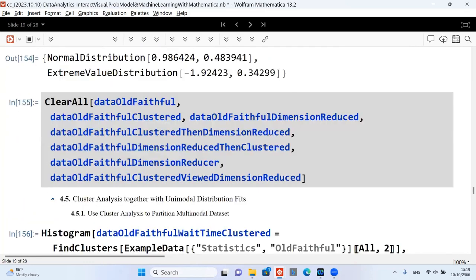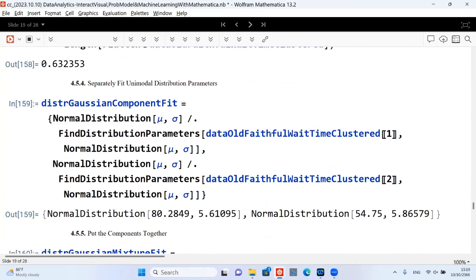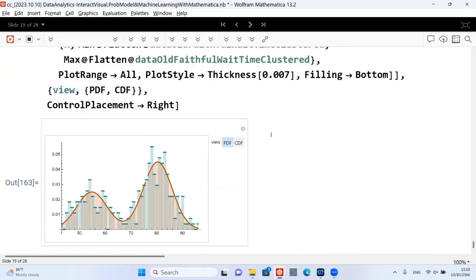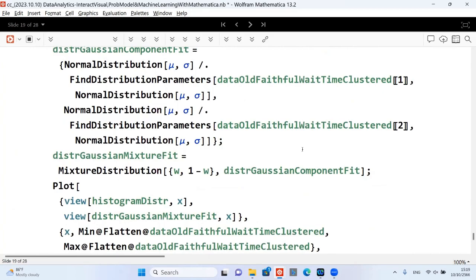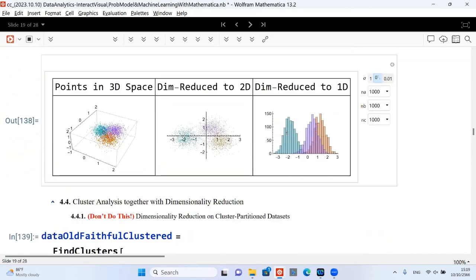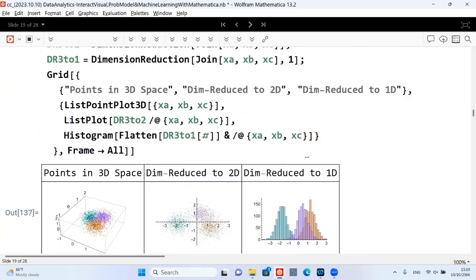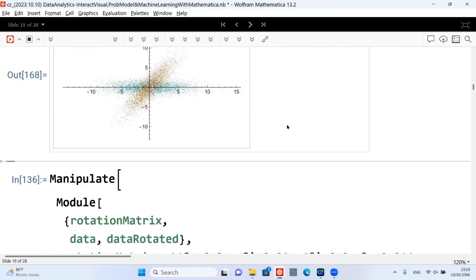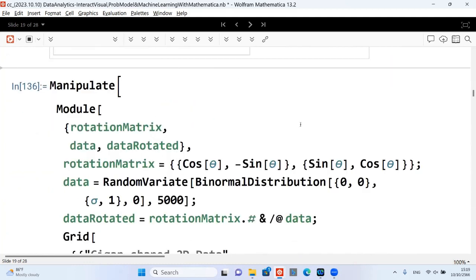Here's my PCA. Where's my PCA? Ooh, I apologize.